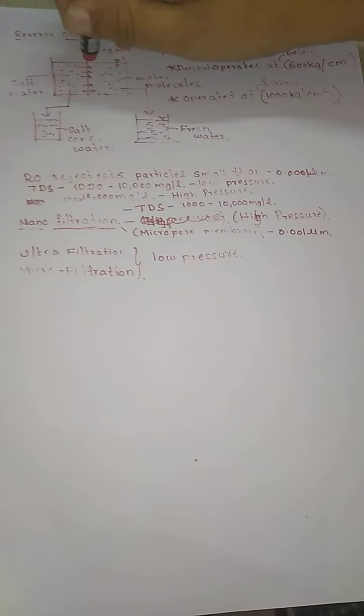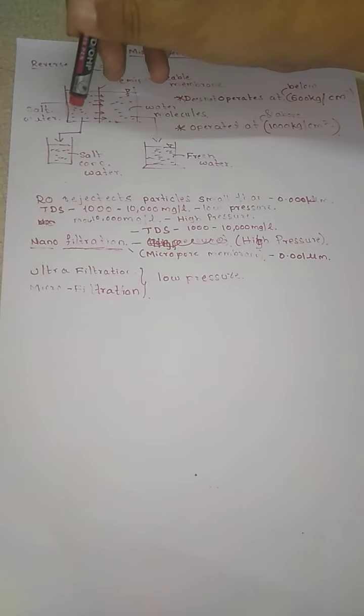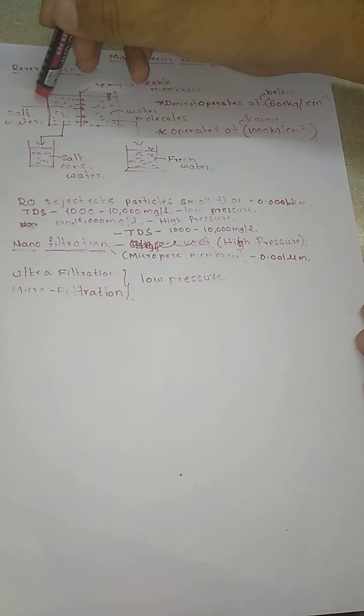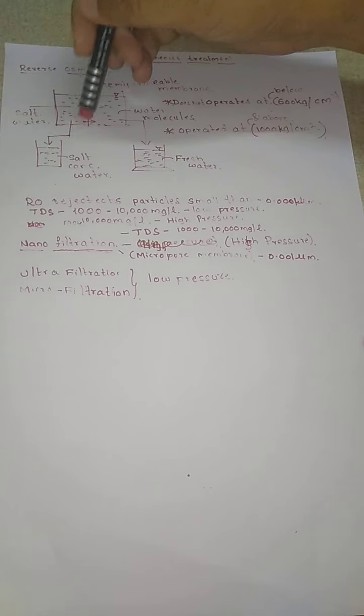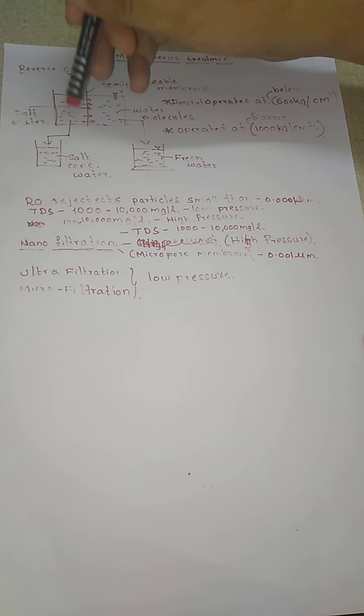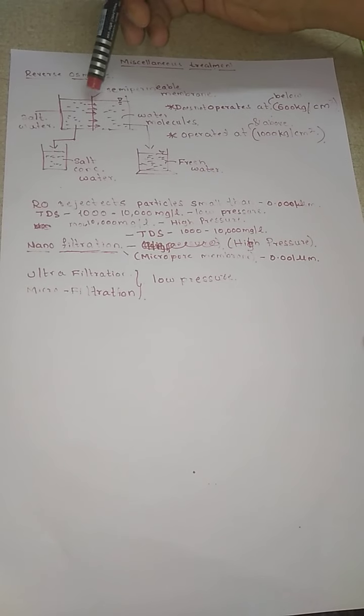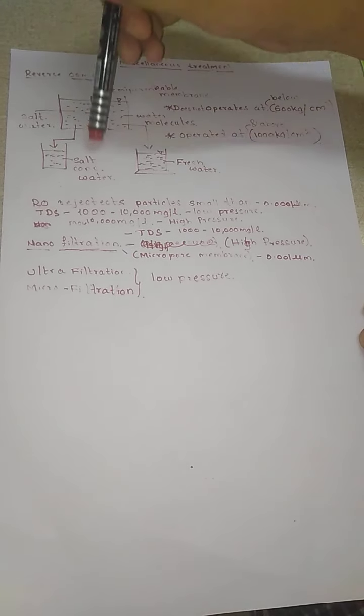Now, what will happen due to the semi-permeable membrane? The semi-permeable membrane is going to absorb the higher amount of salts and minerals in that water. The semi-permeable membrane will be placed like this.